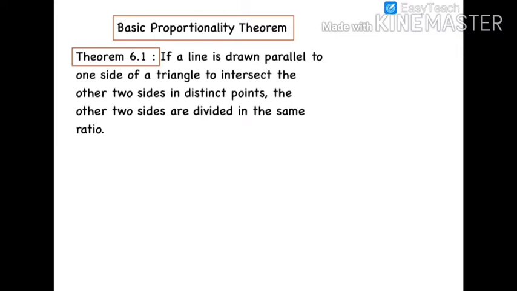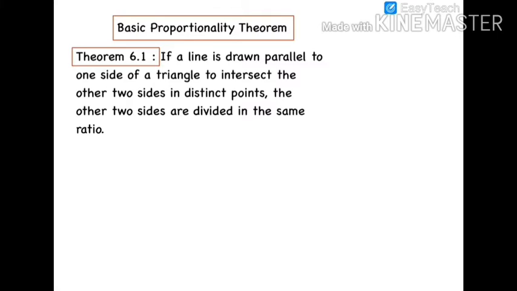Then we start writing the proof. So there are 5 things. Number 1, what is given. Number 2, what is to be proved. Number 3 is figure. Number 4 is construction if there is any. And number 5 is proof.